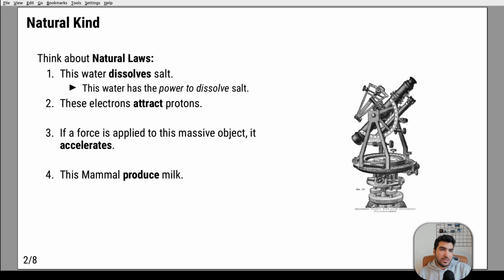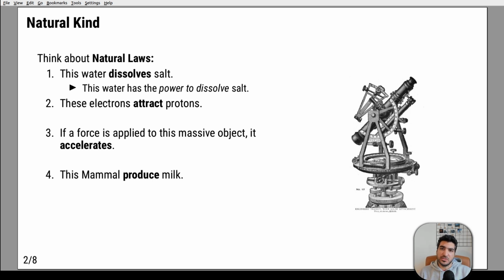So these are all in the present simple case. And what we want to do is that instead of talking about this kind of diagonal, dispositional exemplification, we want to simplify things and just use a different word for it. And we use the concept of power. So when we say that this water dissolves salt, we want to use a new terminology, and we will say this water has the power to dissolve salt.